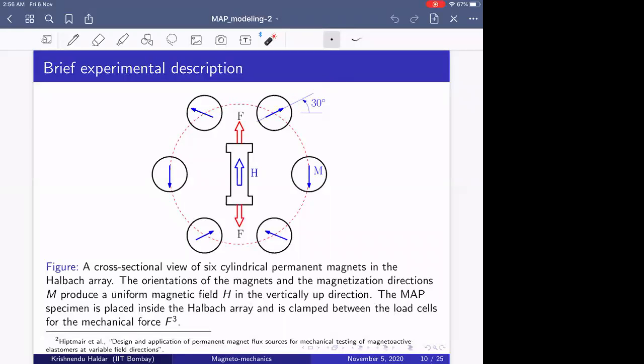And you can show that for this particular Halbach array arrangement, you will produce a uniform field inside, which is along the direction of applied force. And if you rotate this angle, you'll be able to change the direction of H.